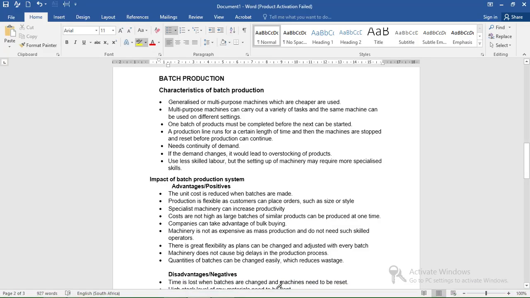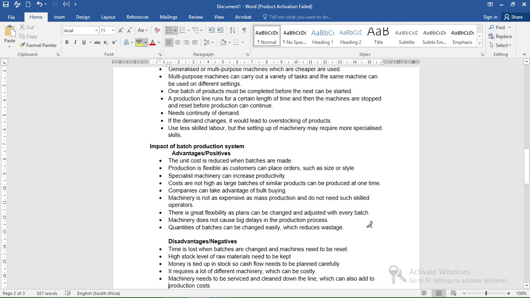Going to advantages. Same advantage as mass production: unit cost is reduced when batches are made in large numbers, right? Production is flexible, definitely, because you can change and produce different kinds of products, and we can have different orders with different sizes, different styles, different colors, different flavors, right?